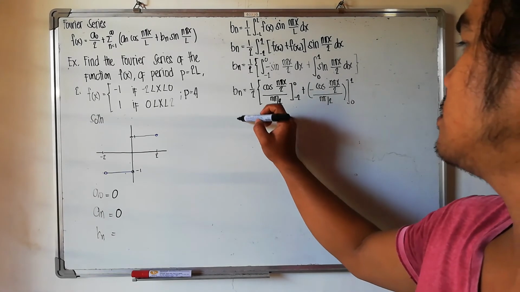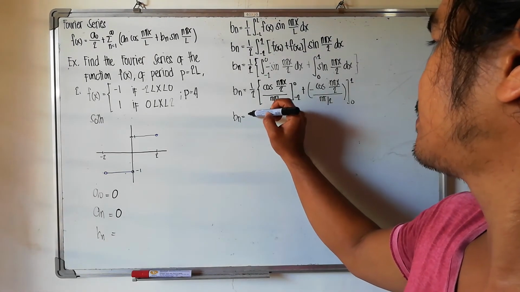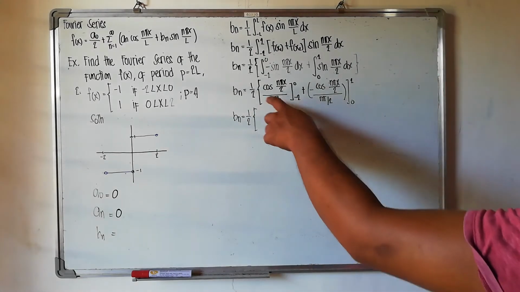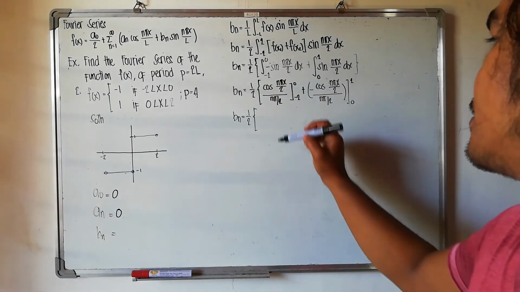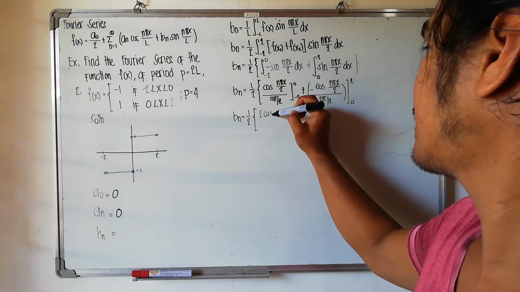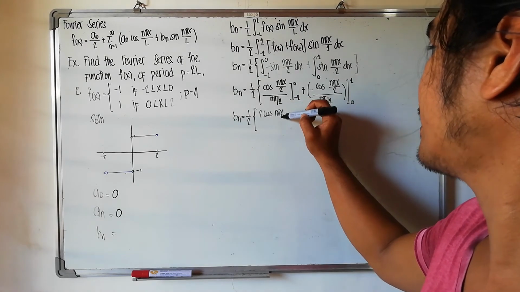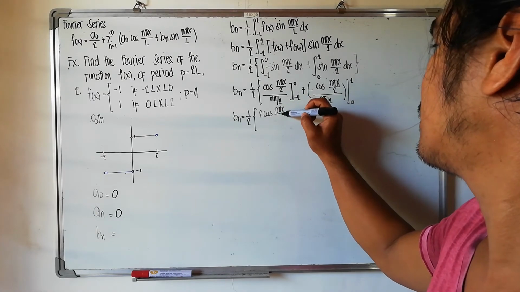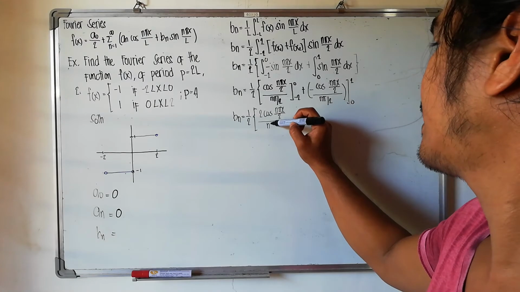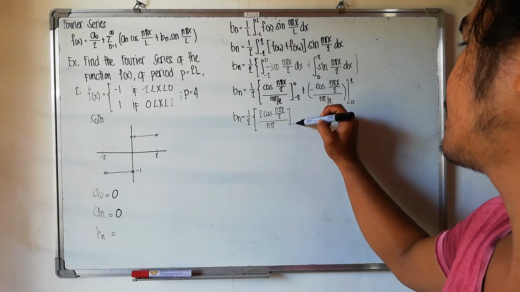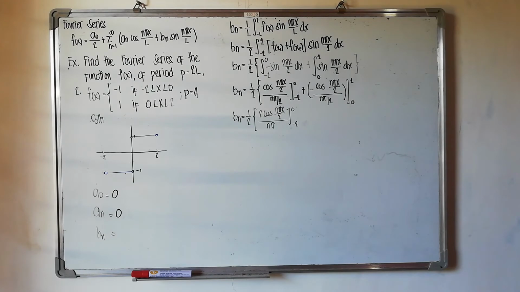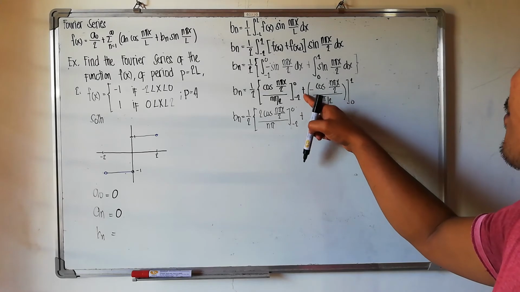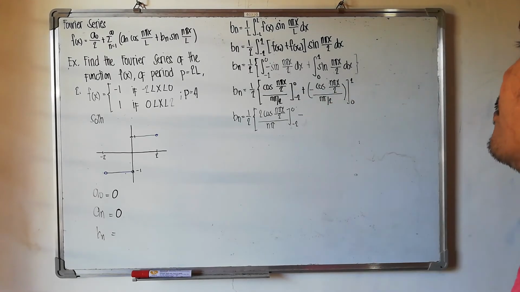So simplify the function. So you have b sub n is equal to 1/2. So cosine n pi x over 2 divided by n pi over 2. So you have 2 cosine n pi x over 2 over n pi. Limits of negative 2 to 0. Plus, you have negative times positive, so that will be negative.